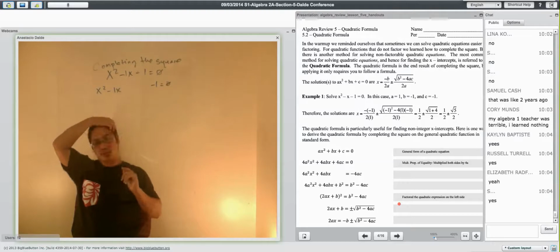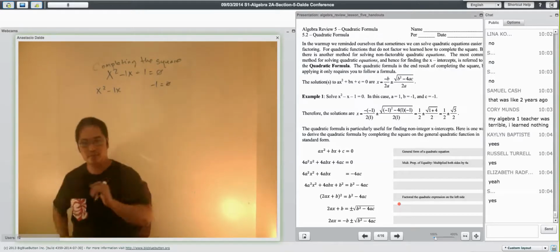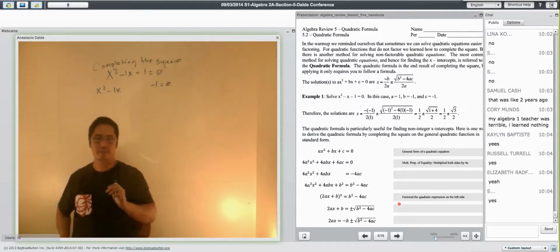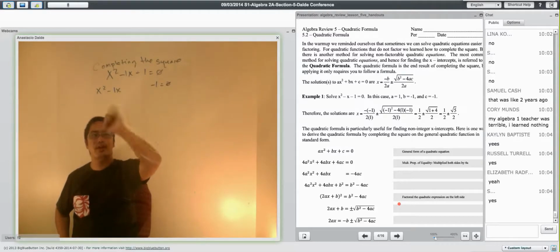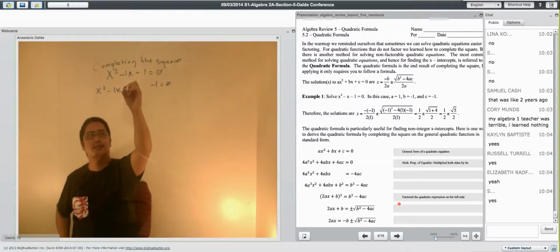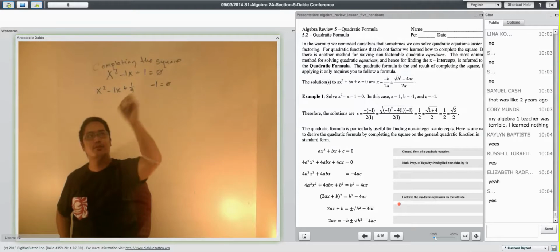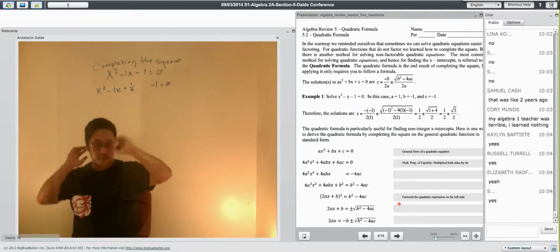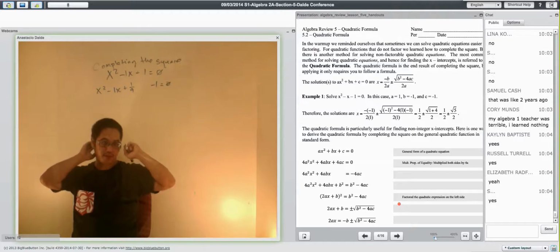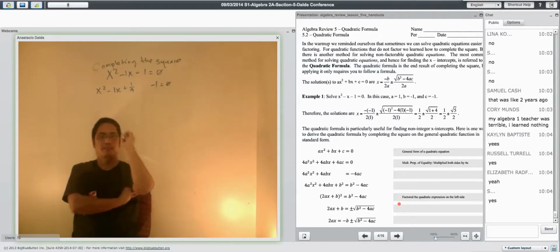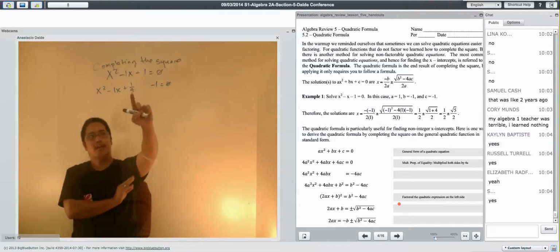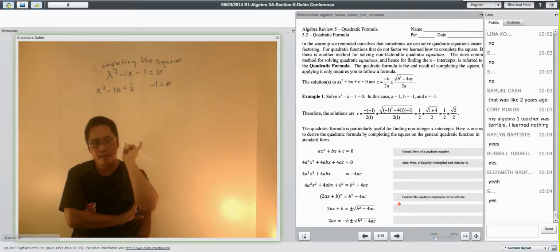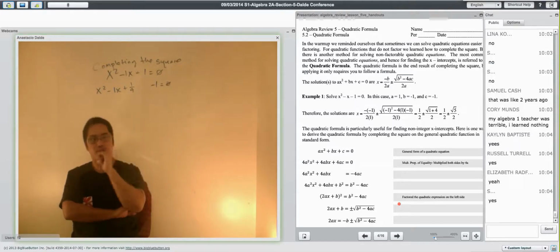Now what I'm going to do, and this might really confuse you, but just trust me for now, is I'm going to add 1/4. You can ask me where I got that 1/4 from, and I'll tell you. But before I do that, I cannot just go about adding 1/4 to the left side of an equation.